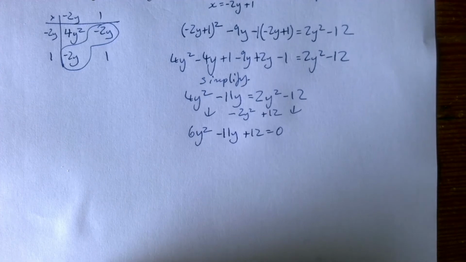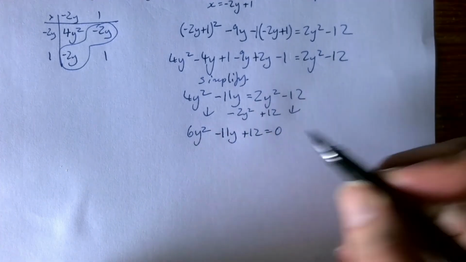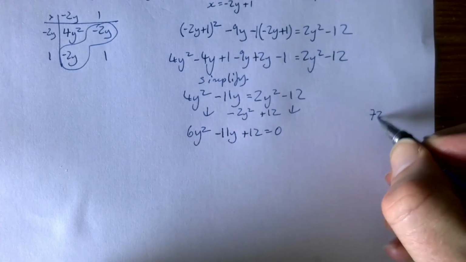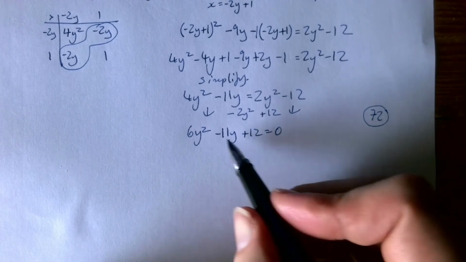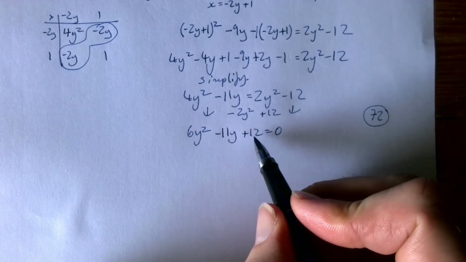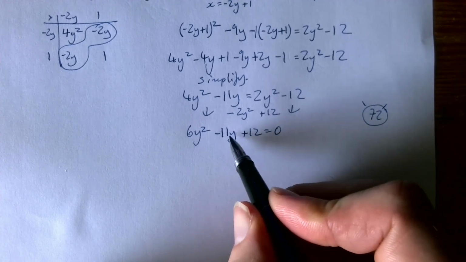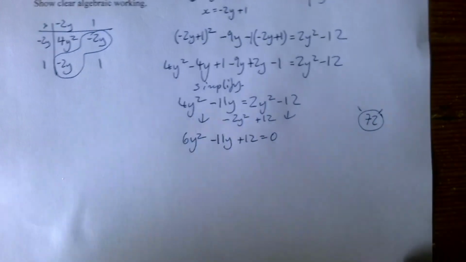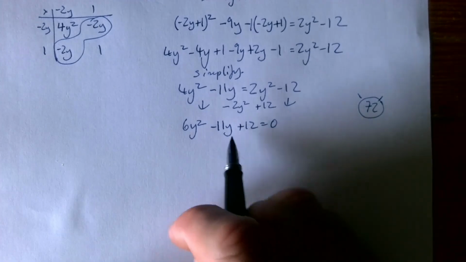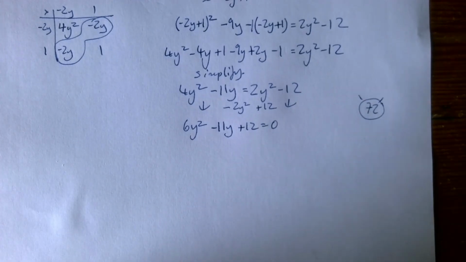So we are going to need to work with that. 6 12s are 72. So we're looking for the pair of numbers whose product is 72 and who add to make negative 11. So we're looking at two negatives. So we're looking for two numbers that add to 11 but multiply to 72.